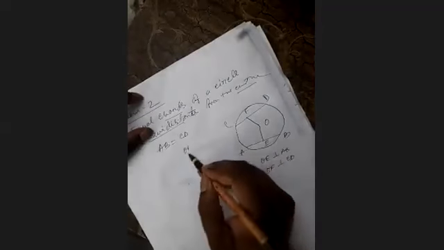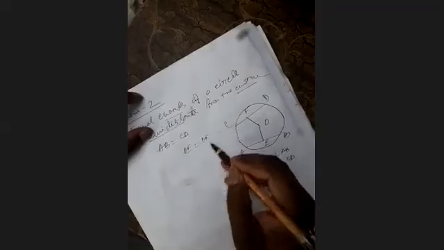OE and OF are the perpendicular distances from O to AB and O to CD. The proof requirement is that OE equals OF.